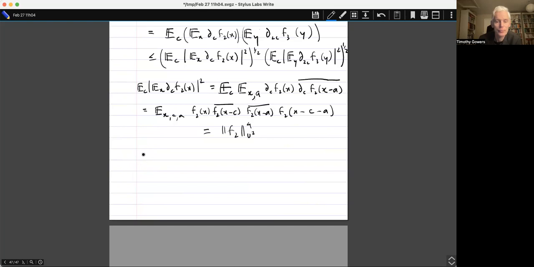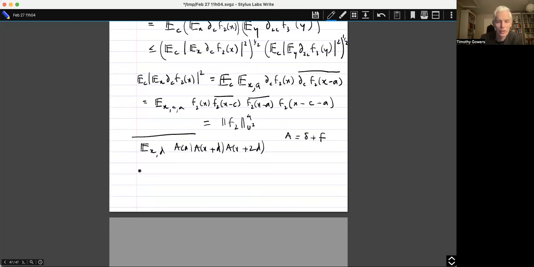So now let's just have a look at the expression, the average over x, d of a(x) a(x+d) a(x+2d), and we're remembering that a is equal to delta plus the balanced function of a, and we're going to make an assumption about the u2 norm of the balanced function.